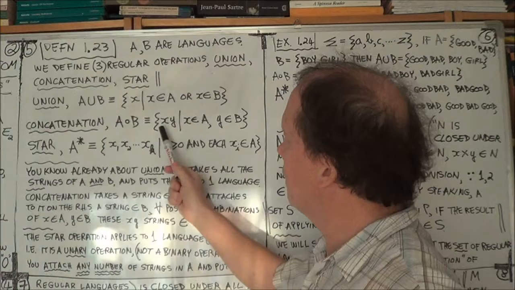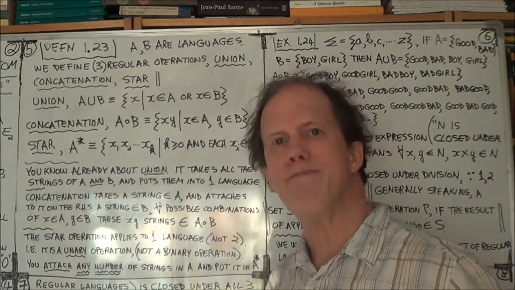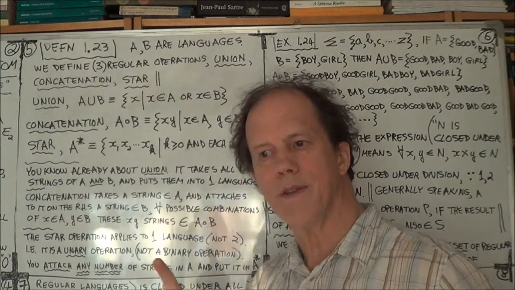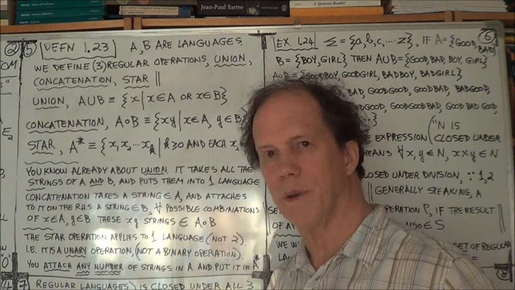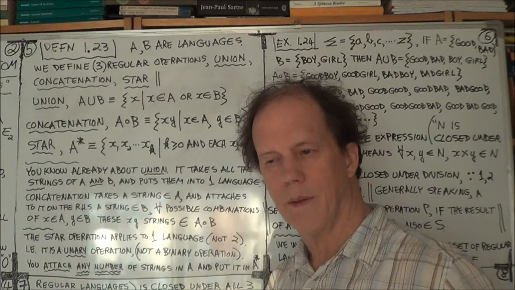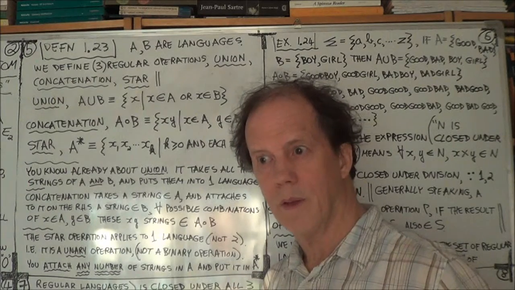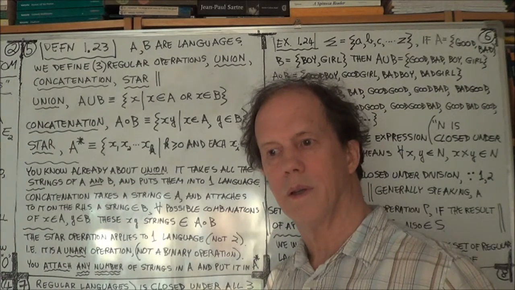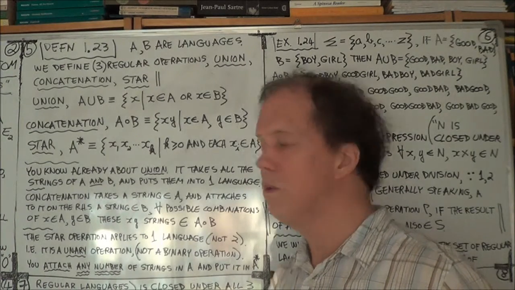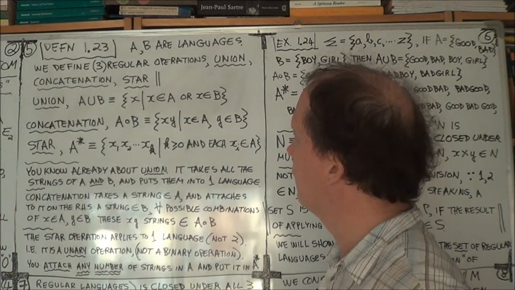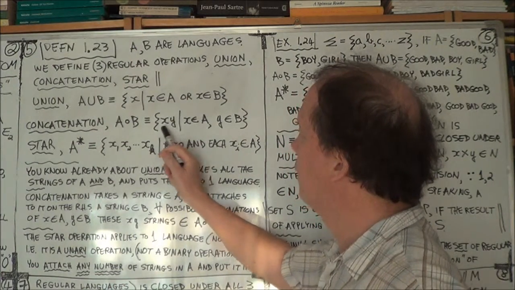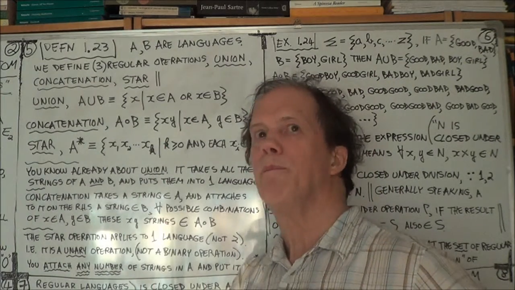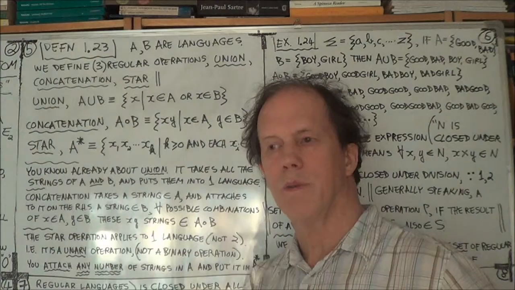So how many possible strings will you have? Let's say for language A, let's say there are m different input symbols. Oh, we're talking about strings, aren't we? Forget what I just said. We need to know the number of strings.